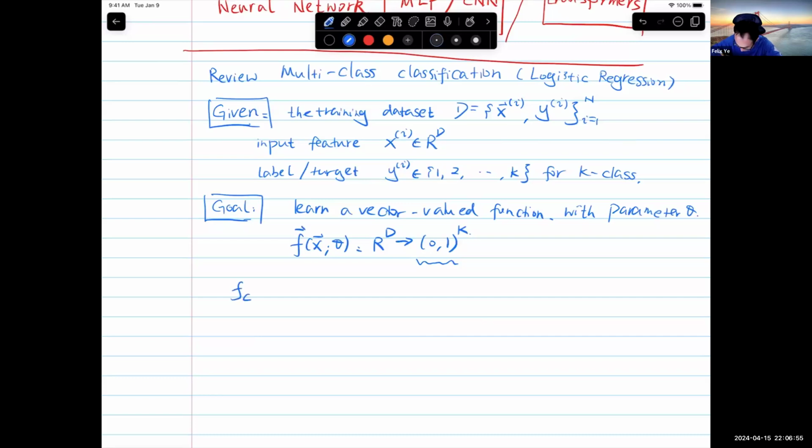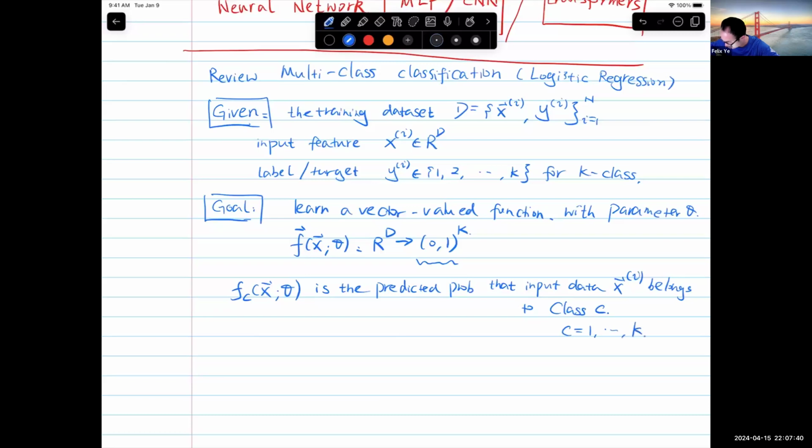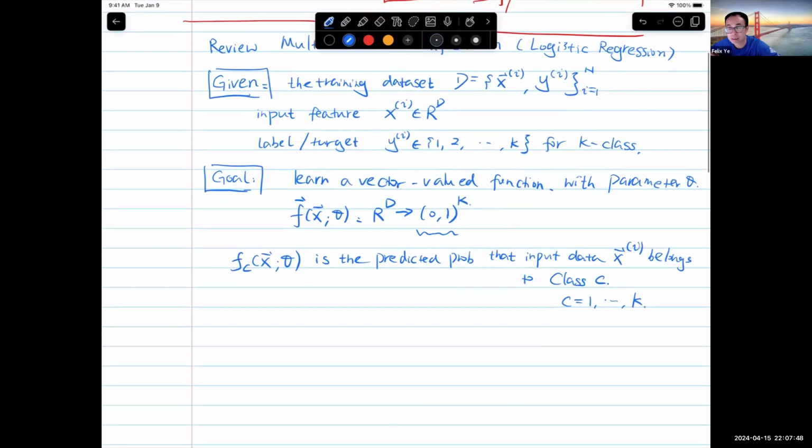The f_c, which is the c-th entry of this, can be interpreted as the predicted probability that this input data x_i belongs to class c, for each c from 1 to K. So this is basically trying to give the predicted probabilities.